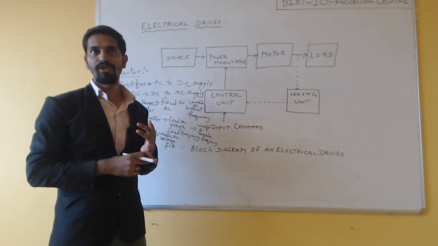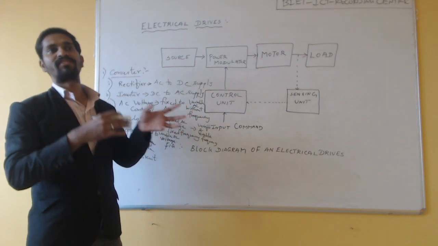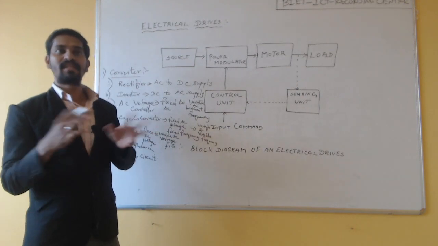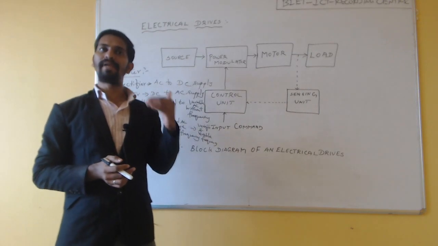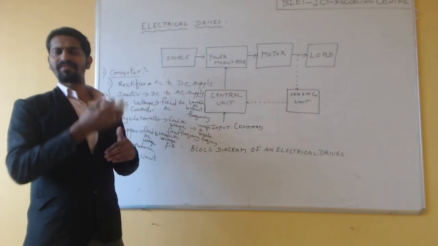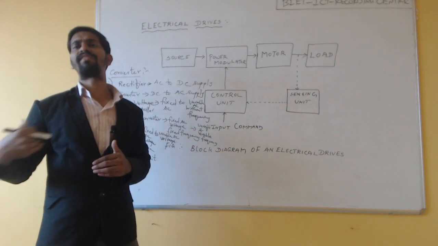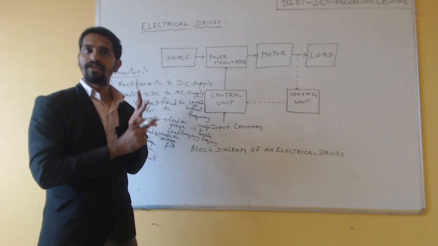We can start the motor as well as decelerate it, that is, brake the motor in an appropriate form. If you are using an electrical braking mechanism, the braking can be smooth. So the advantages are flexible speed characteristics and being non-polluting.